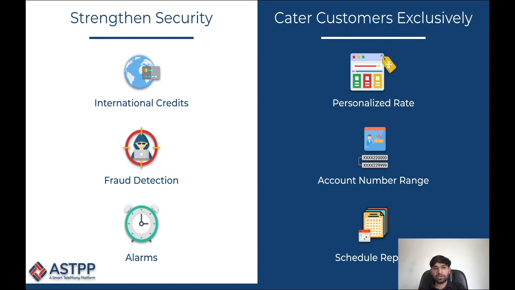We have fraud detection, that is, if you want to have an alert notification or a blockage after a certain threshold which you have configured on a prefix or a group of prefixes or one country or a group of countries, then you can configure those settings in this fraud detection, and we have good reports and notifications for that as well.